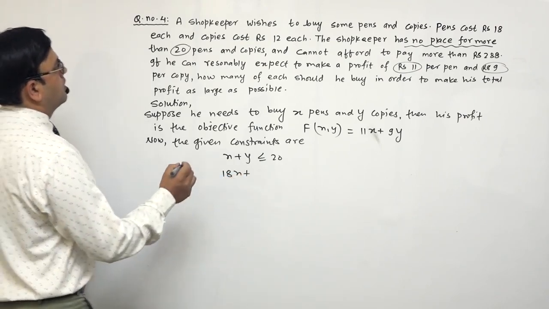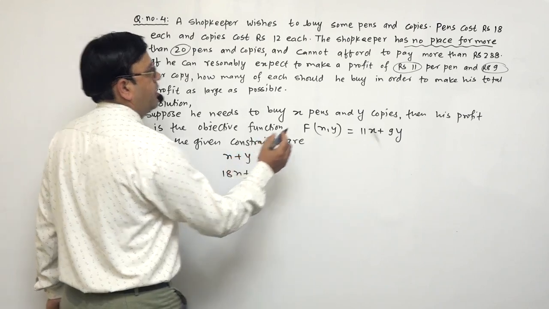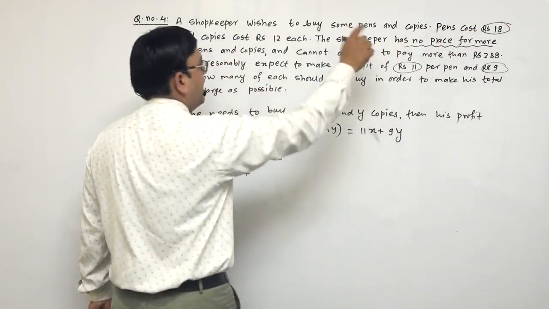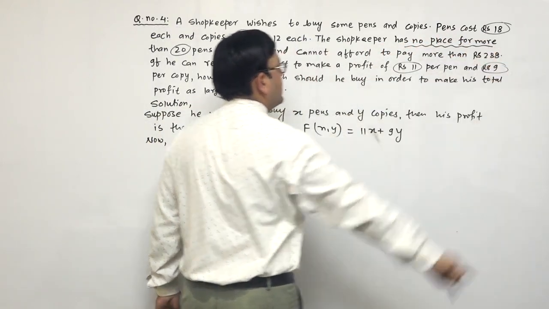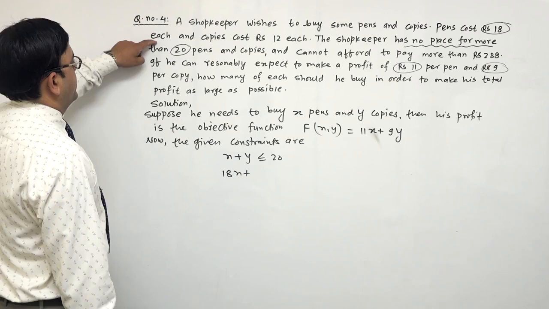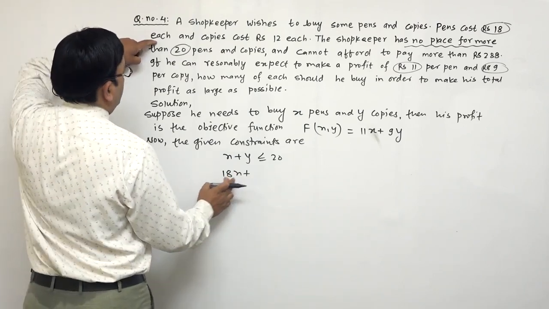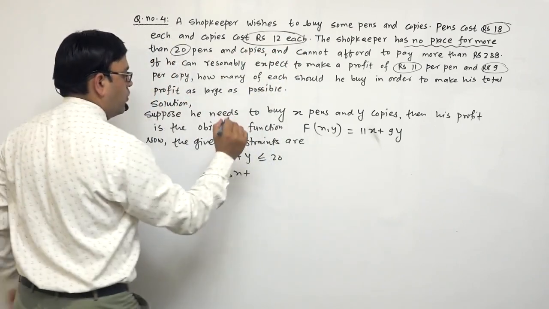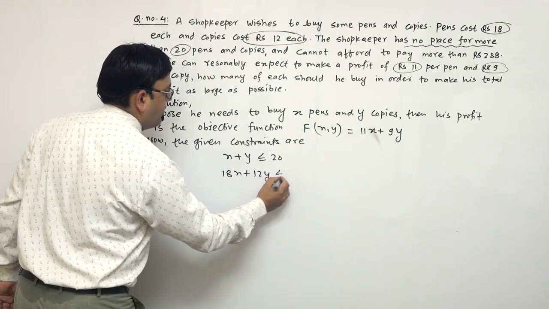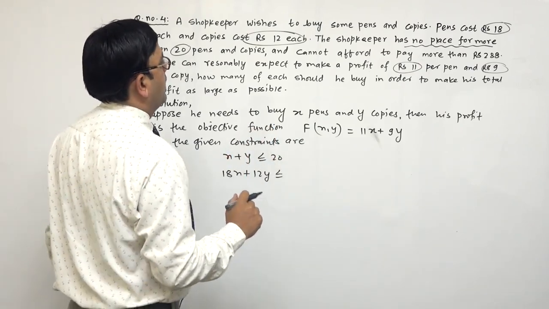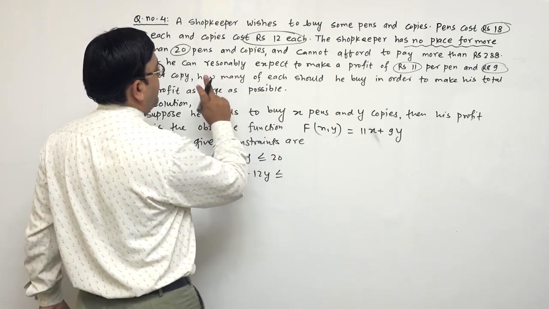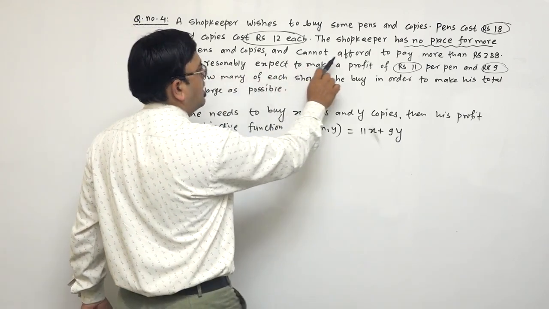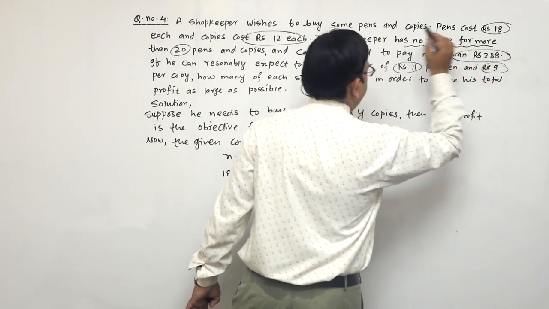Similarly we have 18x plus 12y. Pen costs rs 18, so pen is x, so rs 18 for each pen, so 18x is the total cost of the pen, and copies cost rs 12 each, so 12y is less or equals to 288, and he cannot afford to pay more than rs 288.